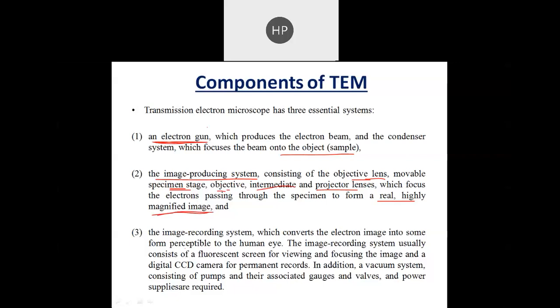And then third is an image recording system, because whatever output we get in the image producing system will be in some form of electrons.